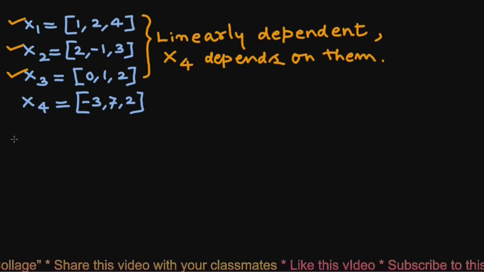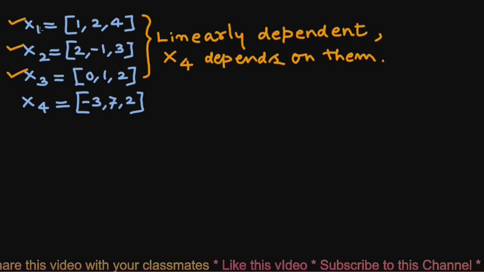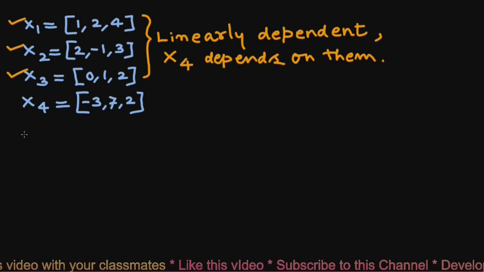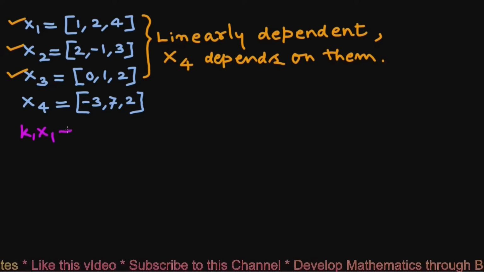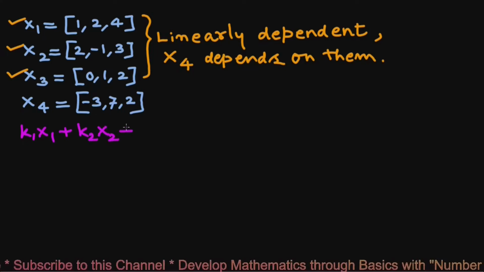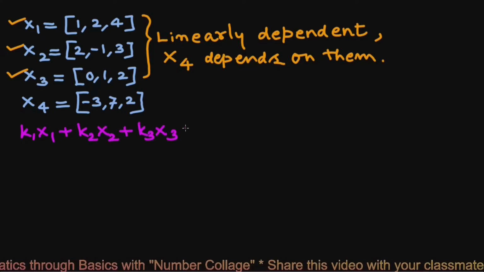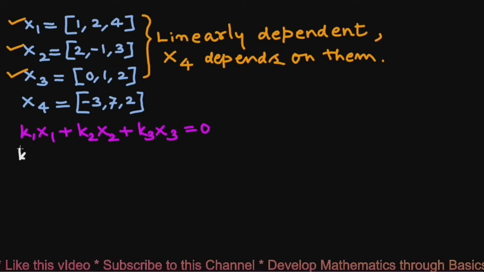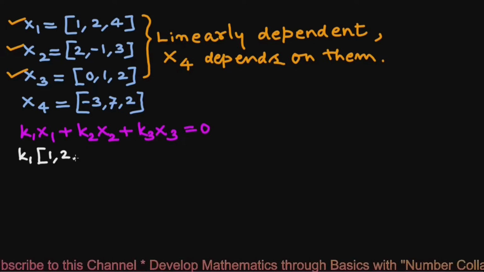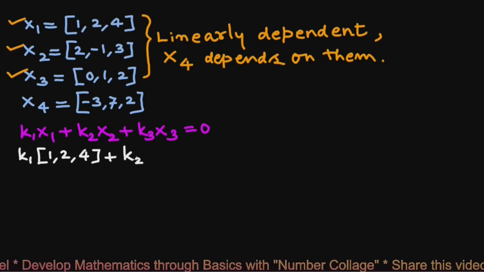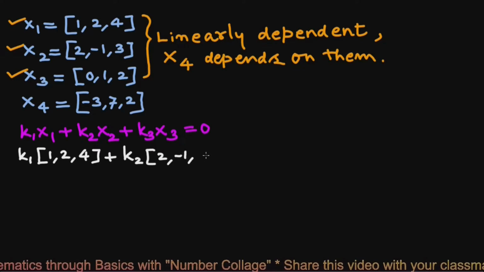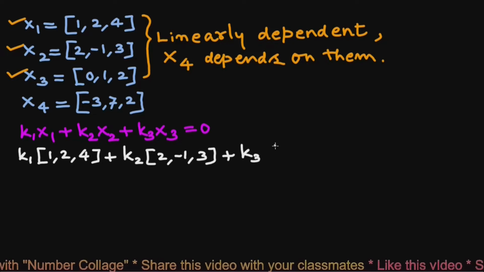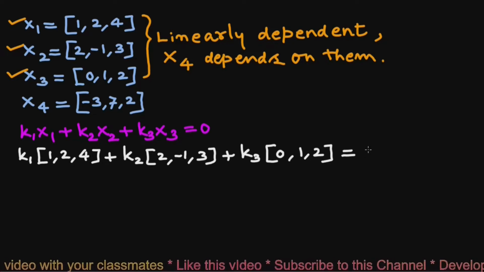First we will write the matrix equation for the vectors x1, x2 and x3. That will be k1 x1 plus k2 x2 plus k3 x3 equals 0. After substituting the values of x1, x2, x3, it will be k1 into (1, 2, 4) plus k2 into (2, -1, 3) plus k3 into (0, 1, 2) equals 0.